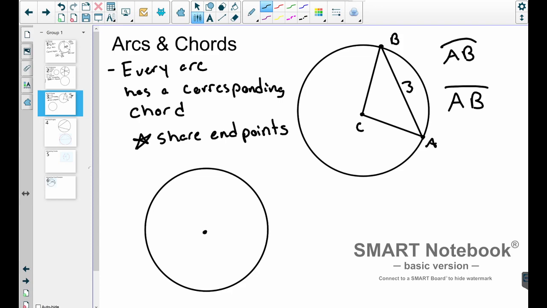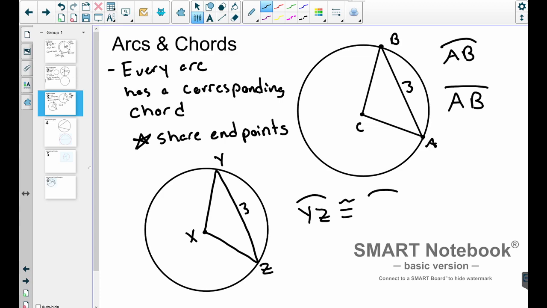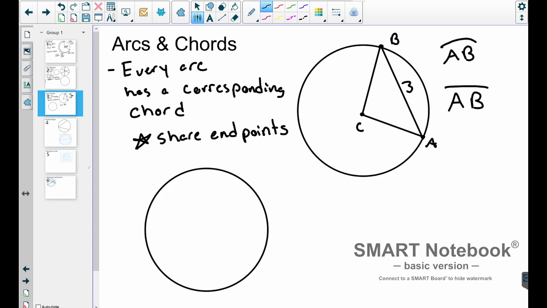So let's say we have something like this. A point comes through here. We have X, Y, and Z. And you take your ruler out and see that you measure this at 3. Then the case is that arc YZ is congruent to arc AB. So I may have repeated that a lot, but I'm going to repeat it again.